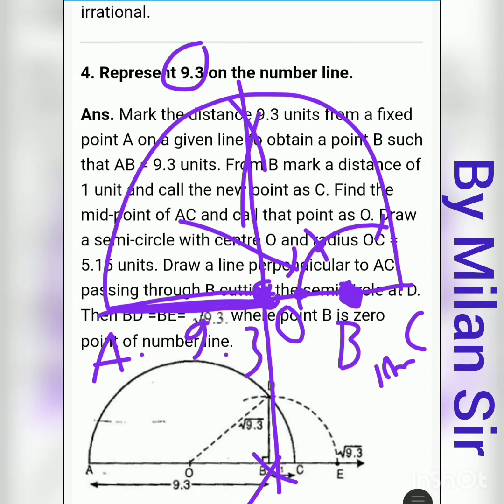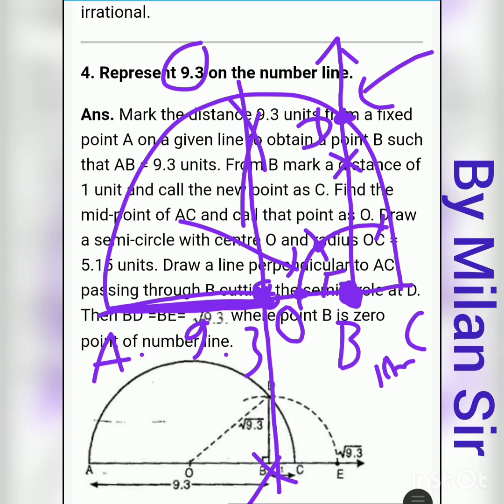It is 120 degrees. Now from 120 and 60 degrees, draw arcs in the upward direction, and if we join this, we get the perpendicular line from point B. The intersection point of this perpendicular line and the semicircle is here, so we name it D.